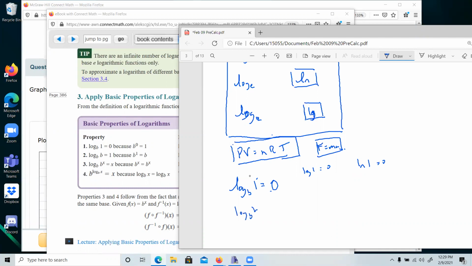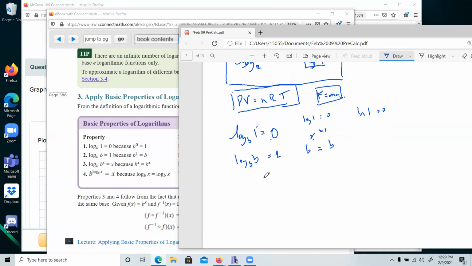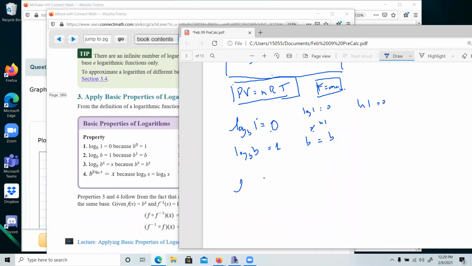Log base b of b, right? What do we have to raise b to in order to make it b? 1. Okay. So if we have log of b to some value here, b raised to what power is equal to b to the x?